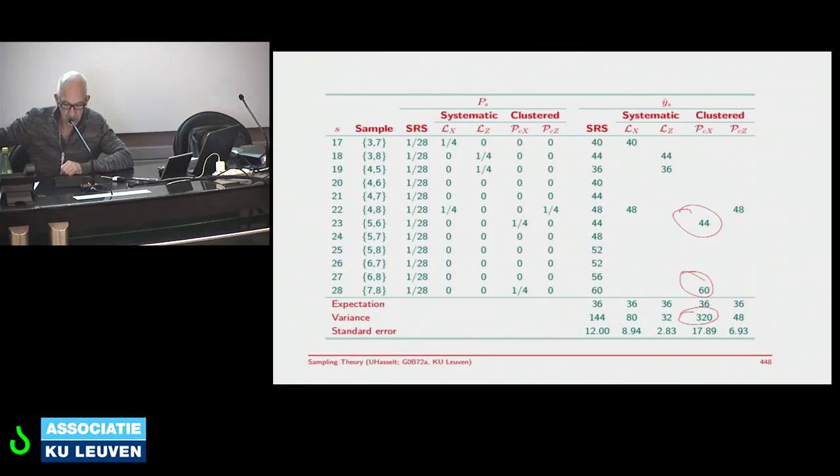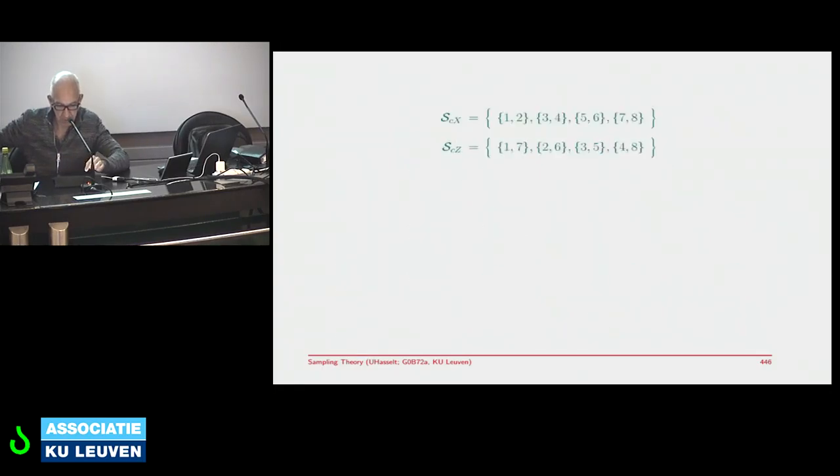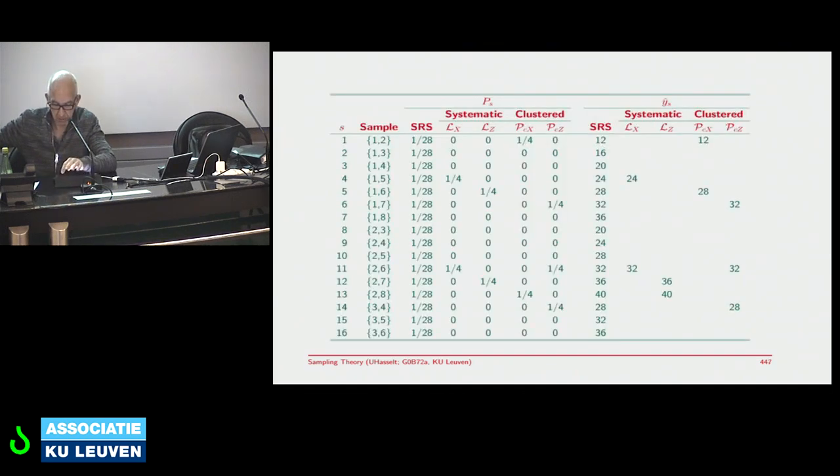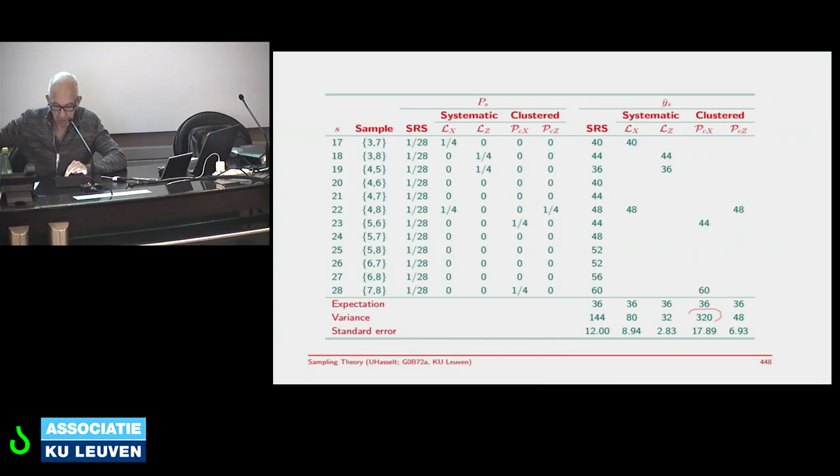If you say we look at towns, or families, that's something that's going to be much more similar to what we have here. 2 or 3 units that are not necessarily identical, but at least that are reasonably similar. And so the typical behavior of clustering is an increased precision.